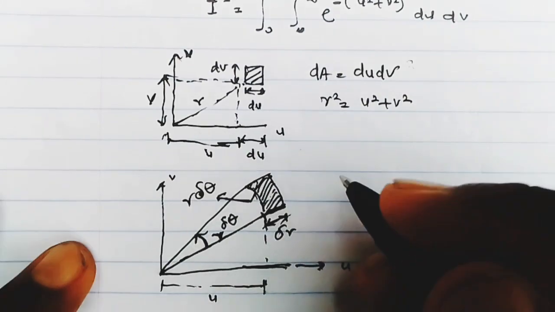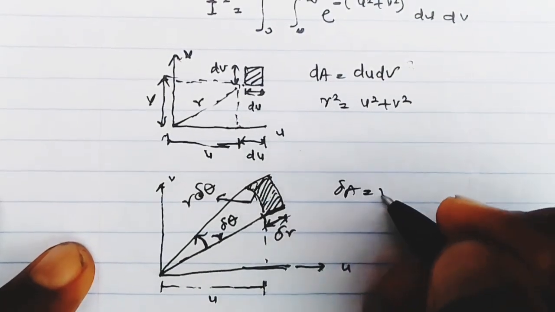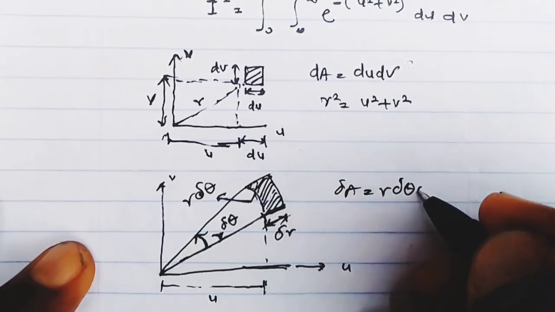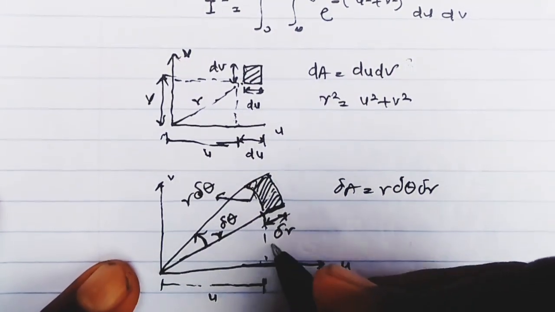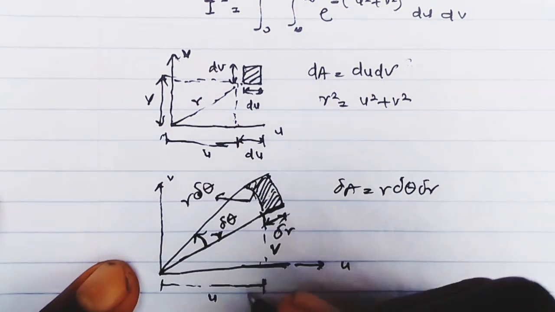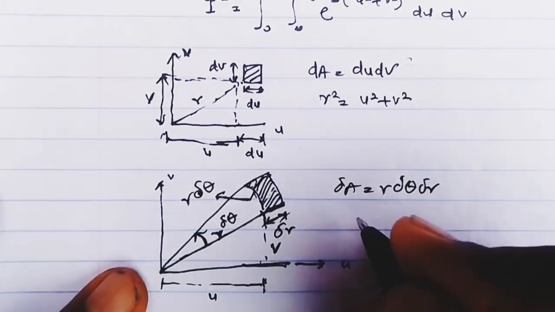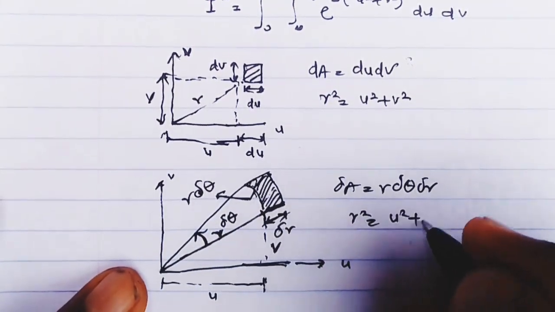This is my height and this is my width, so the area becomes r d theta dr. This is my vertical component v and this is r. Using the same Pythagoras theorem, r square is equal to u square plus v square.